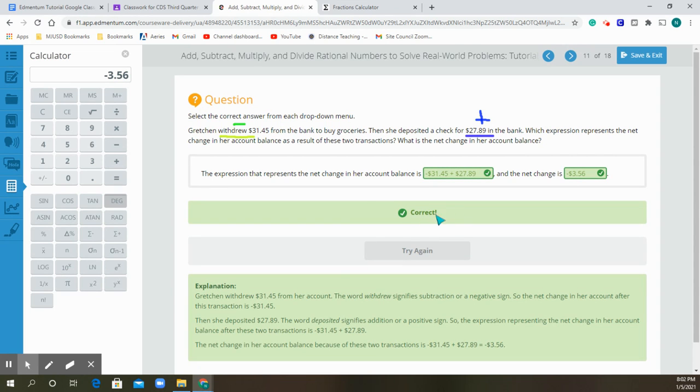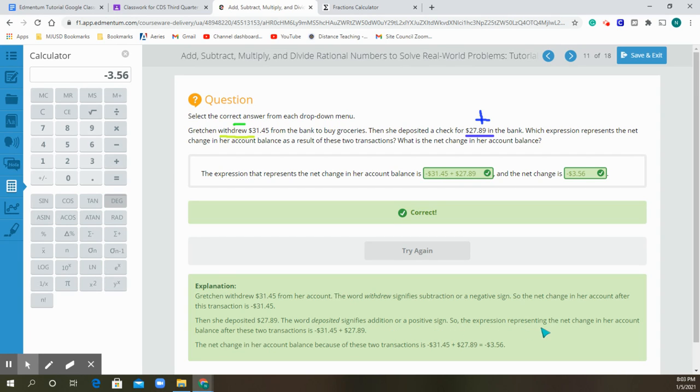All right, correct. Gretchen withdrew $31.45 from her account. The word withdrew signifies subtraction or a negative sign. So the net change in her account after this transaction is negative 31.45. Then she deposited 27.89. The word deposited signifies addition or a positive sign.